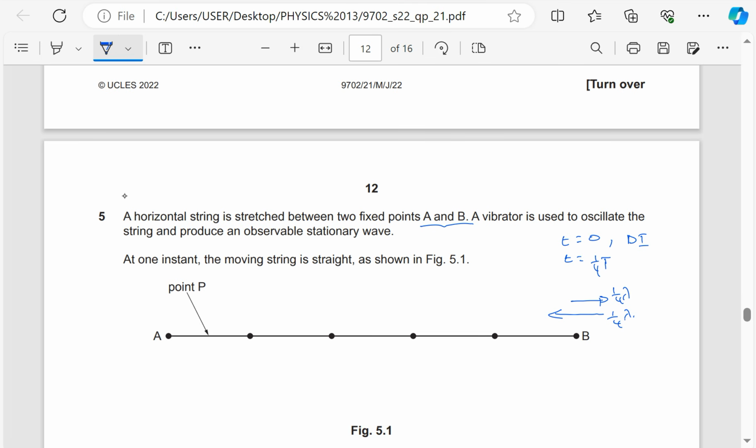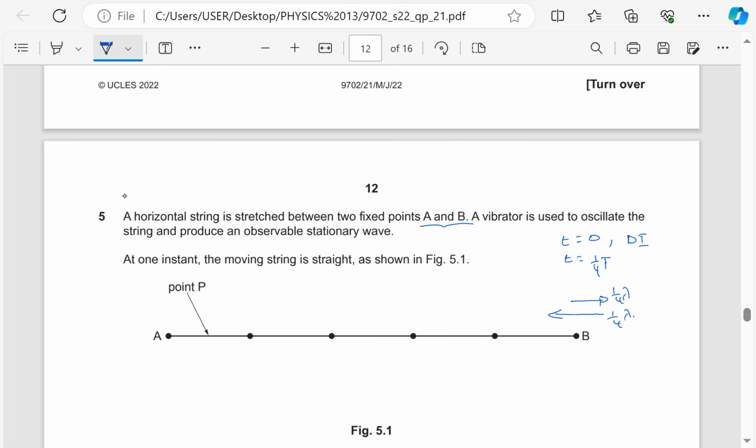So if we started at t equals 0 with destructive interference, then at t equals a quarter of a cycle we are going to have constructive interference, because the wave propagating to the left will have moved a quarter of its cycle, and the wave propagating to the right will have moved a quarter of its cycle in the opposite direction.